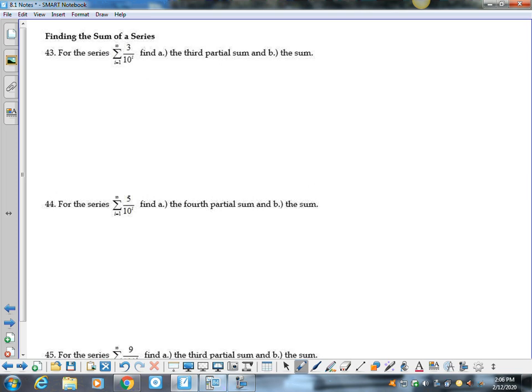Well, for A, I want the third partial sum, so I'm not headed to infinity. I want to go from 1 to 3, as it said the third partial sum. Okay, so I'm going to plug a 1, a 2, and a 3 in. So I have 3 over, if I plug a 1 in, that'd be a 10.